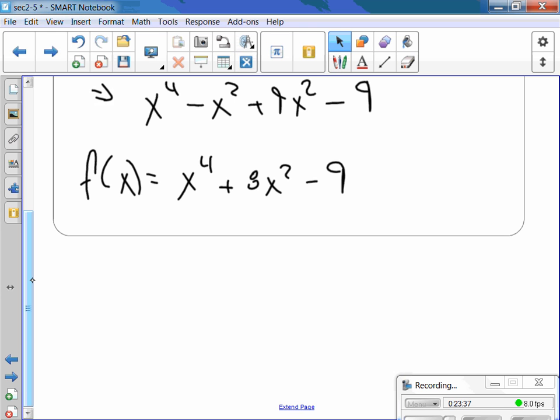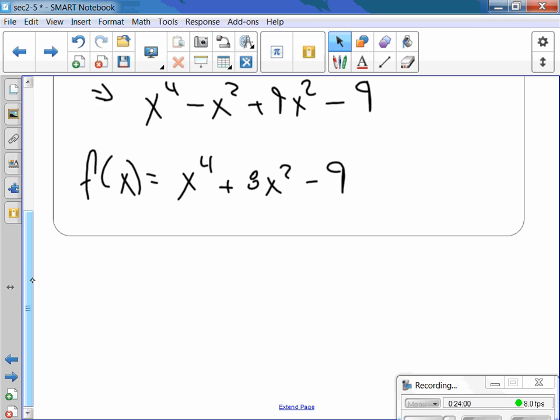Is this what we're looking for? So, just expressing the zeros as factors and multiplying them on out, that's all you have to do.